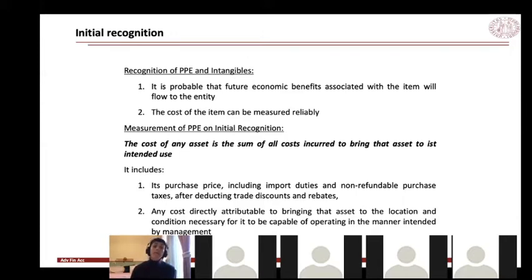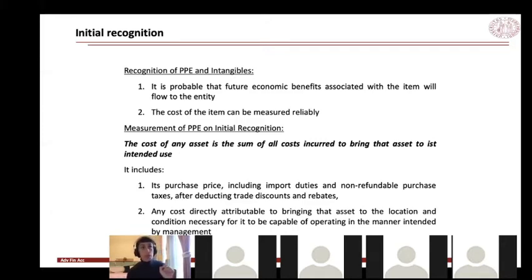So we have to be sure, or enough sure, regarding how much the cost of that item is. These two criteria represent a big problem for some items. Let me give you an example.